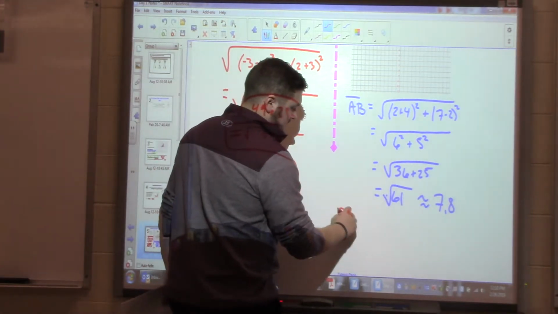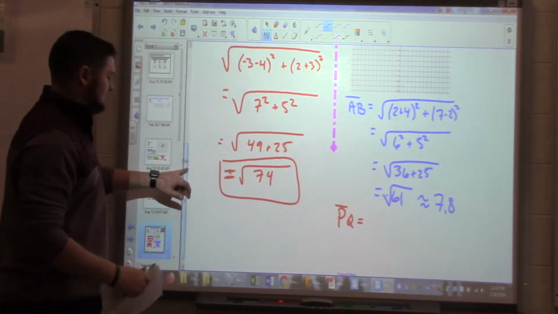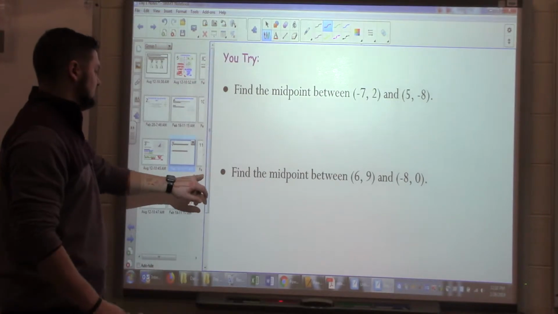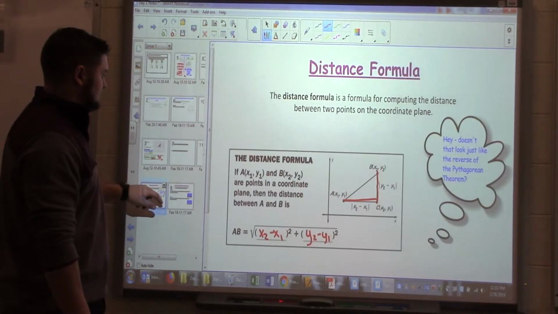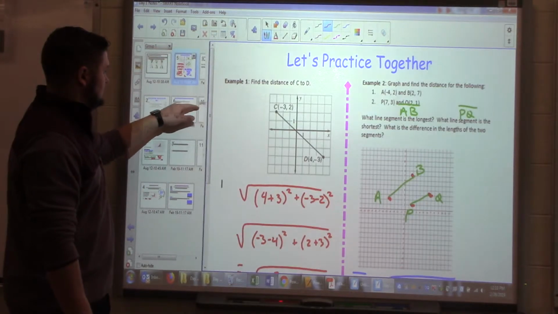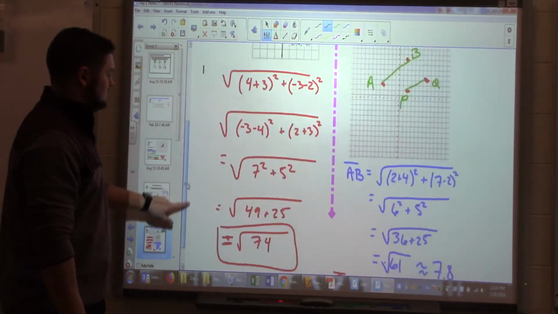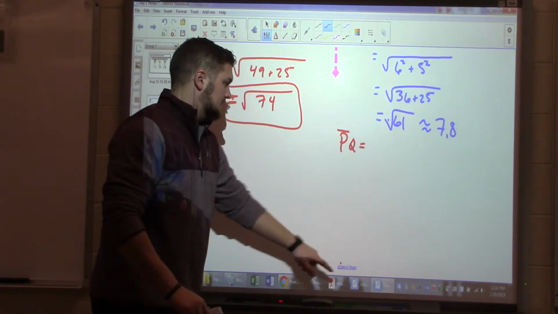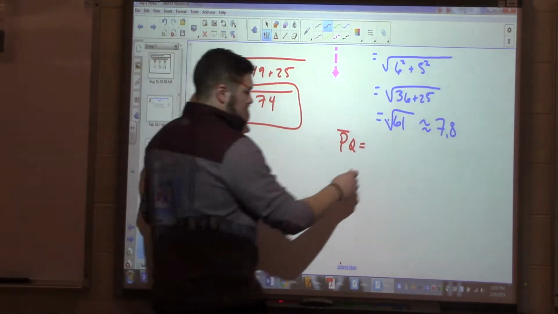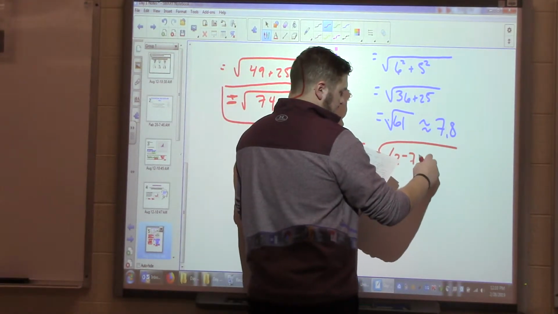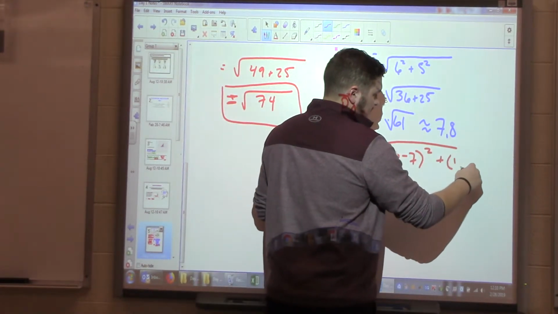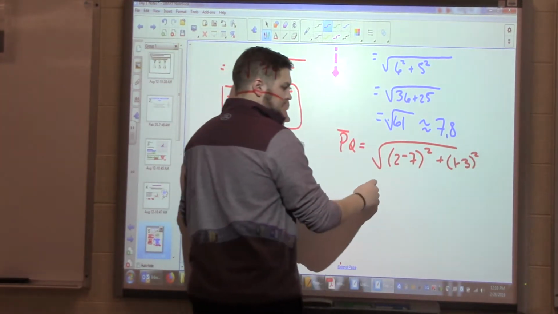PQ is the other one. It's the same thing. Let's find our distance. Alright. PQ, square root 2 minus 7 squared plus 1 minus 3 squared.